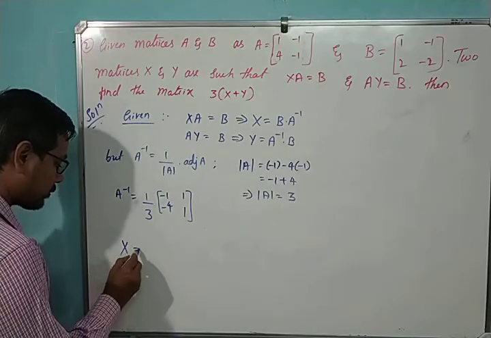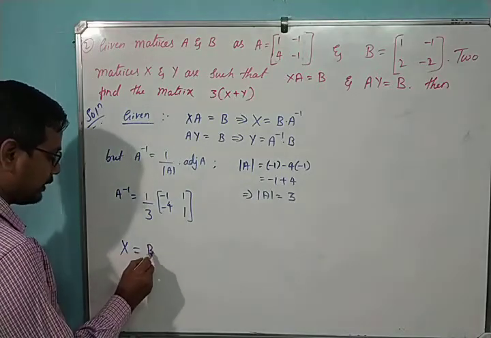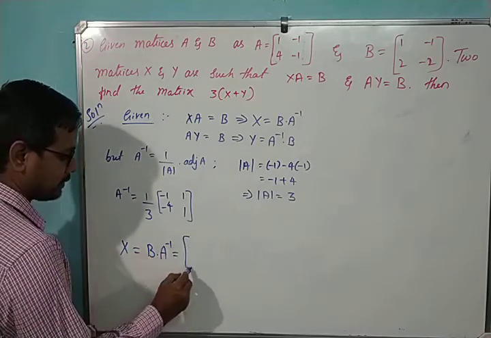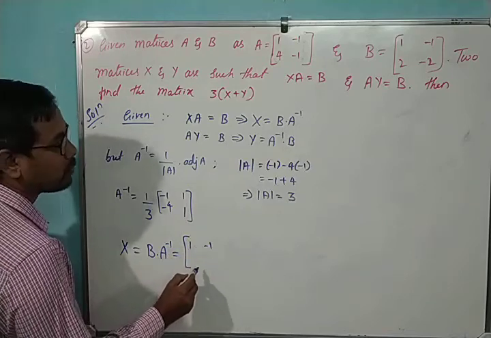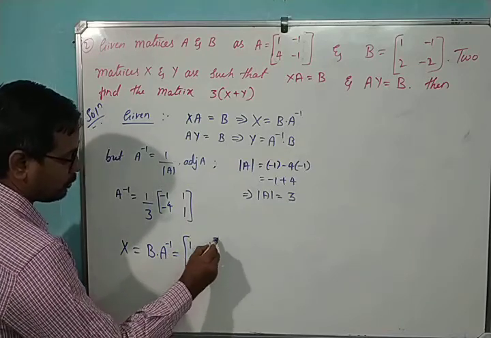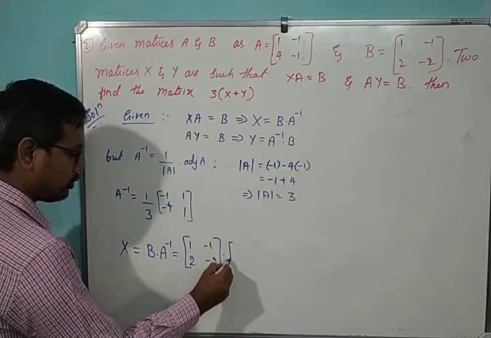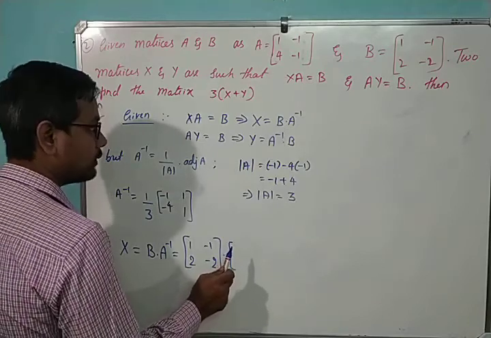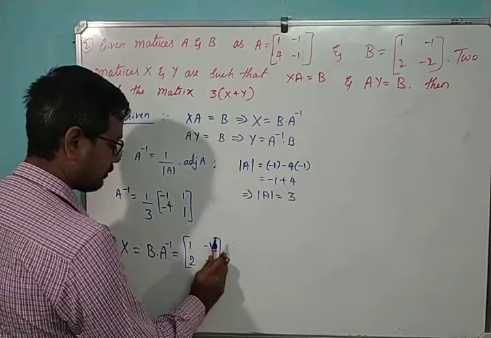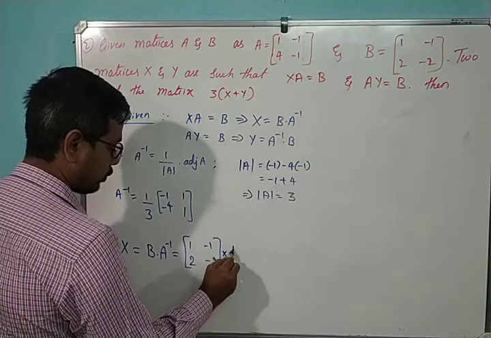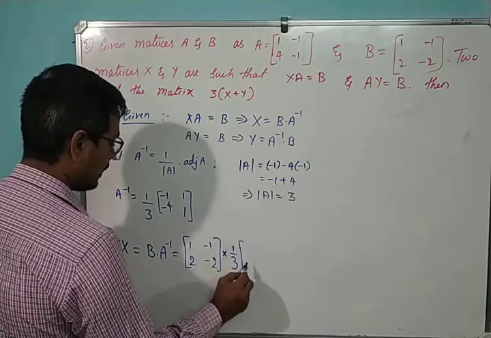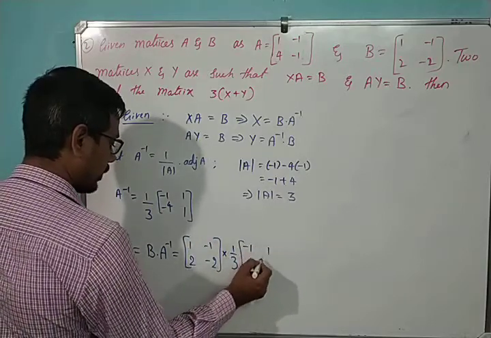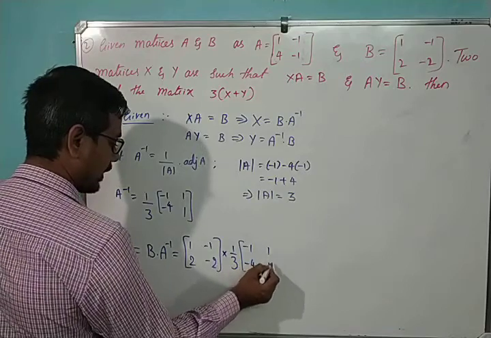So X is given as what? B into A inverse. What is B? 1, minus 1, 2, minus 2. This is B into A inverse. A inverse is 1 upon 3 into minus 1, 1, minus 4, 1.